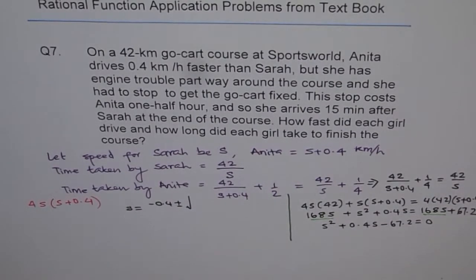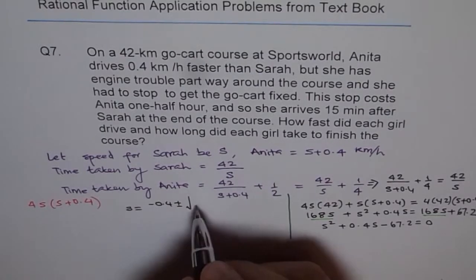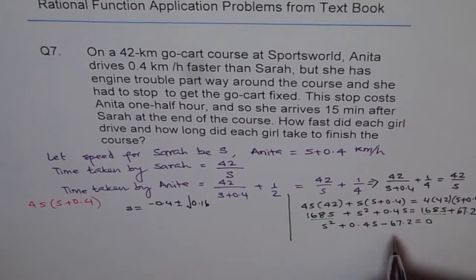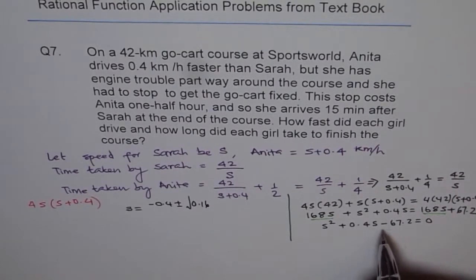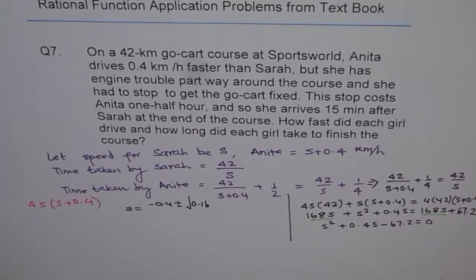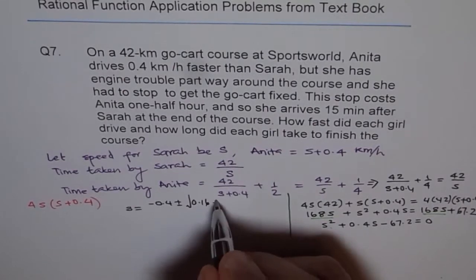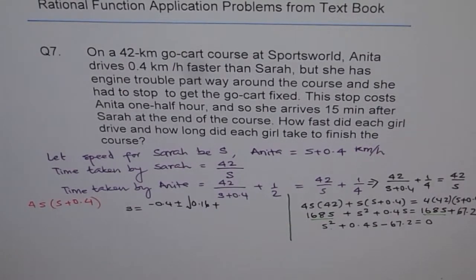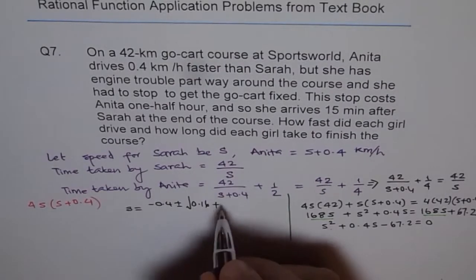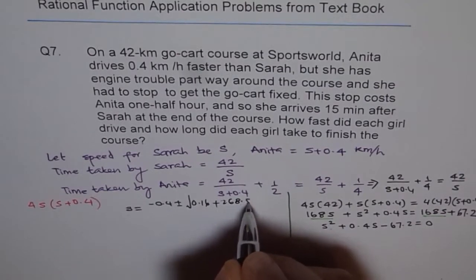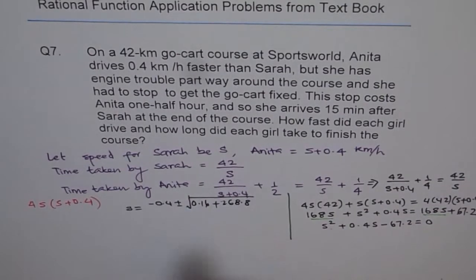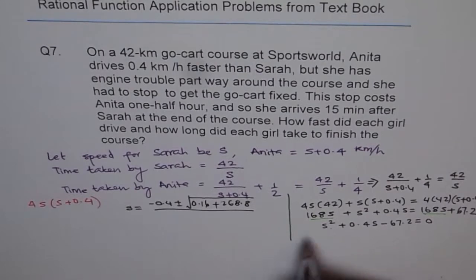So 0.4 square is 0.16, and then 4 times AC. A is 1, C is minus 67.2, so minus makes it plus. 4 times 67.2 will give me 268.8. And then we have the square root, divided by 2 times A, which is 2.